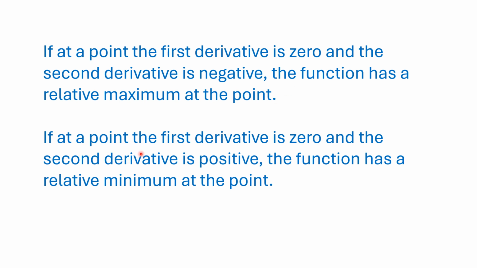If at a point the first derivative is 0 and the second derivative is positive, the function has a relative minimum at that point. Looks counterintuitive. Negative goes with maximum, positive goes with minimum, but it has to do with how fast the derivative is changing and in which direction.